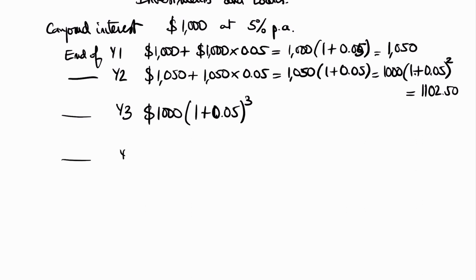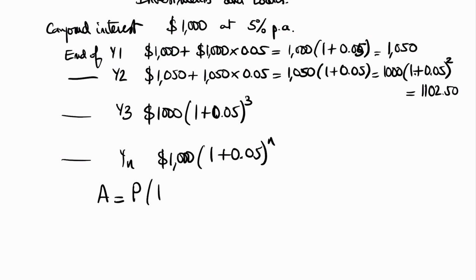And at the end of year n, you get $1,000 times (1 plus 0.05) to the power of n. So the formula, if you want to calculate how much money we have after n years, is A = P(1 + r)^n.